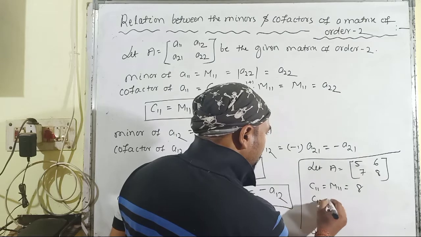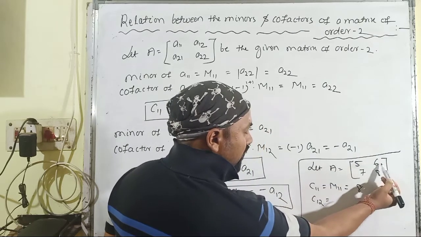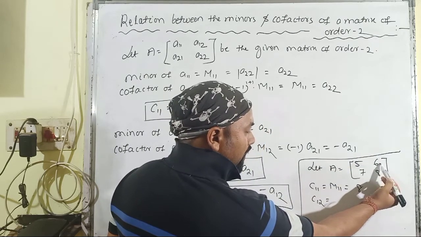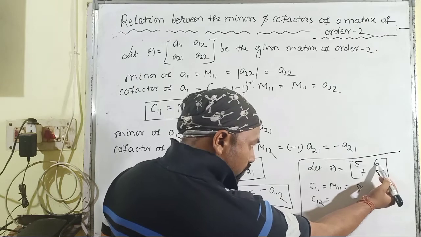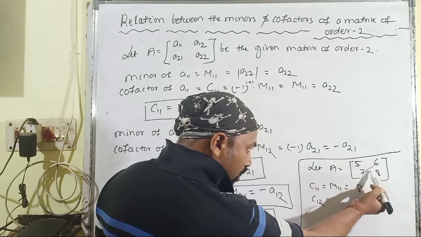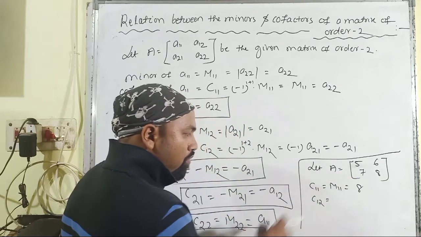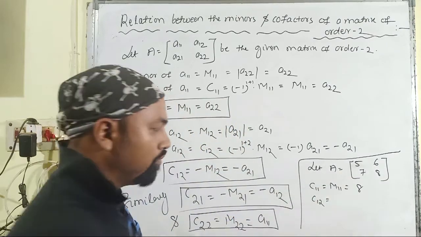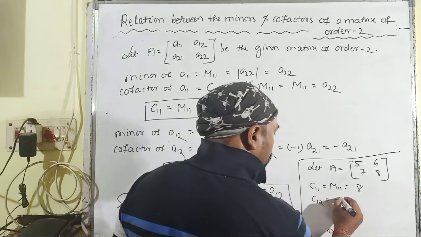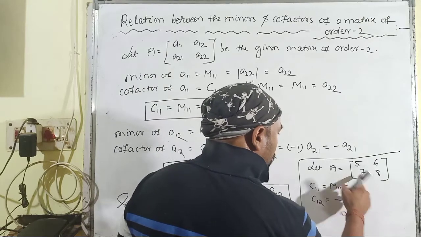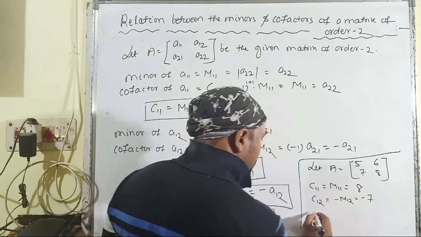The value of C12, that means we are finding the cofactor of the element 6. Then we have to reach the opposite corner of 6, that is 7. But as the sum of 1 and 2 is an odd number, it will be equal to minus M12, and that is equal to minus 7.